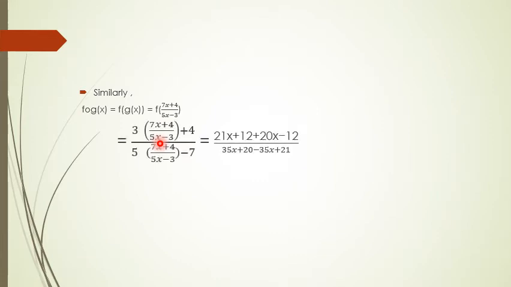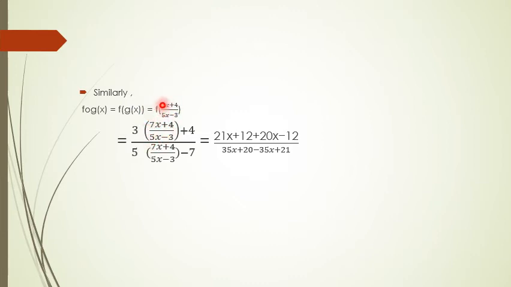F of, instead of g of x, we put the definition of g of x: f of (7x+4)/(5x-3). Here (3x+4)/(5x-7) is the definition of f. So instead of x, we put this big number.